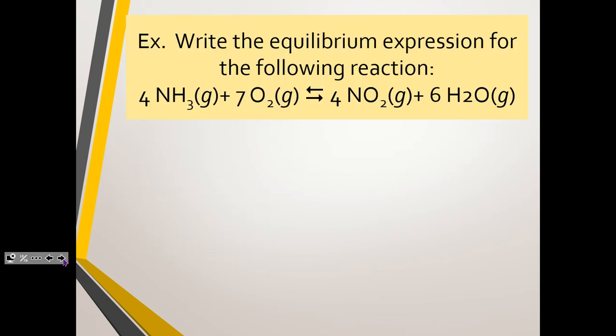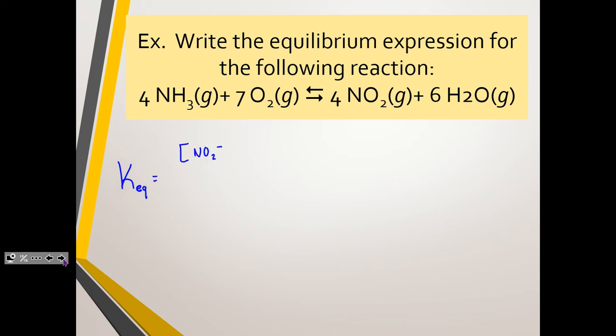Okay, so here's an example. Write the equilibrium expression for the following equation. K equals, we're going to do products over reactants. So KC or KEQ, I like to use EQ personally.